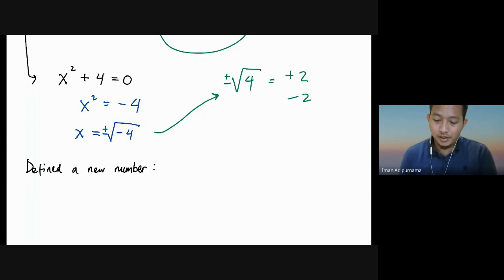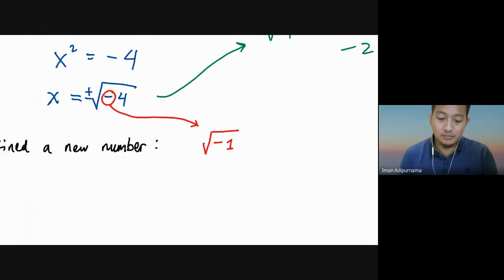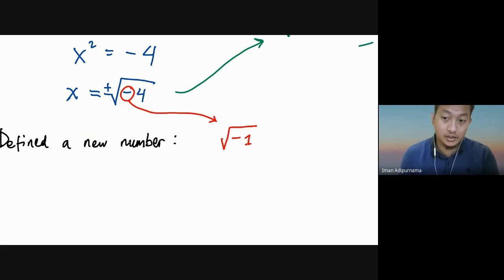Easy. But because of the negative part inside the square root, we need to define a new number. This is what makes the square root not real.